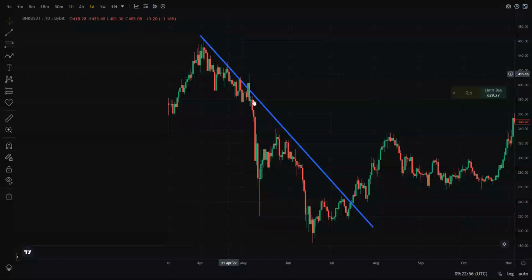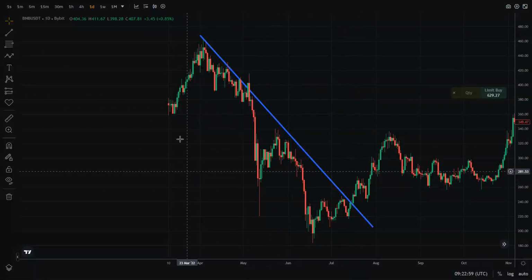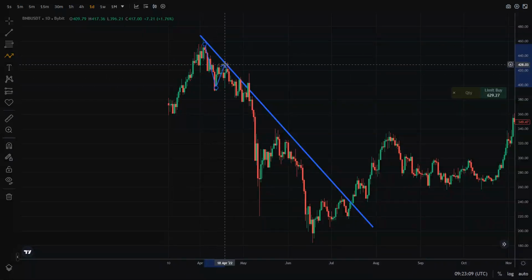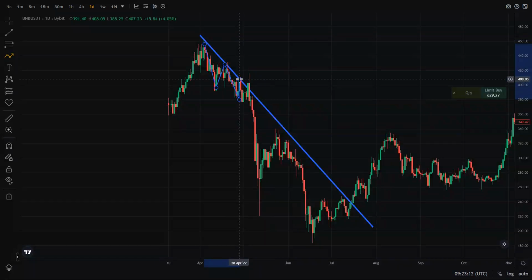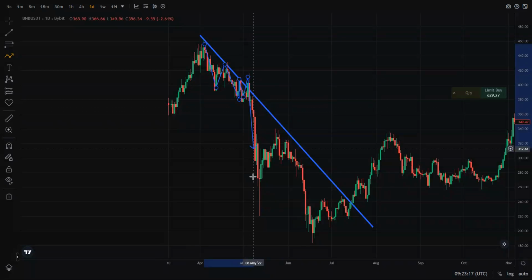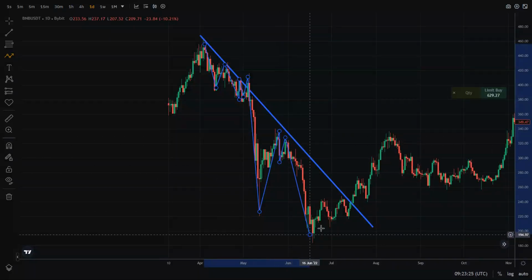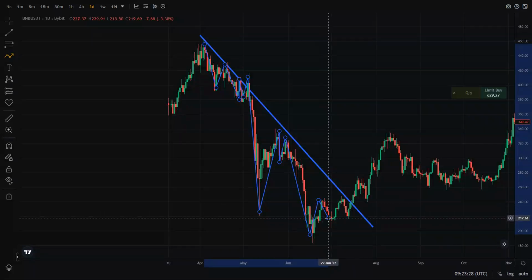Take a look at this. It touches different parts of this candle. Whenever it touches this line, it acts as resistance and pushes price down. It touches here, pulls down, touches again, pulls down, breaks it with a fake breakout, then pushes down seriously, touches it again, pulls down, until it breaks above the trend line.